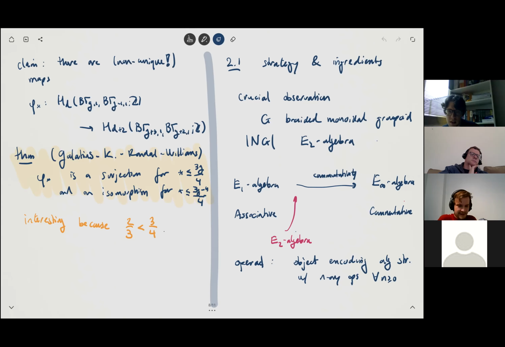The subtlety is that this map doesn't arise directly from the E2 algebra structure, because it can only exist after you've passed to taking the quotient by stabilization, so pass to these relative groups.